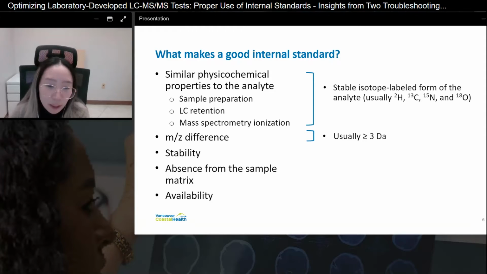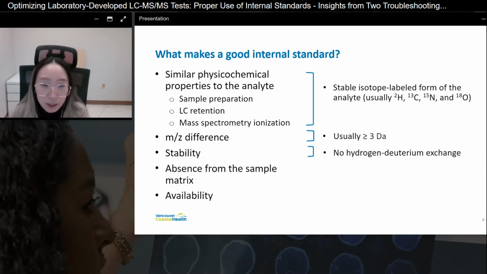Also, we would need the internal standard to be chemically stable. So we should avoid the deuterium hydrogen exchange at those exchangeable positions.